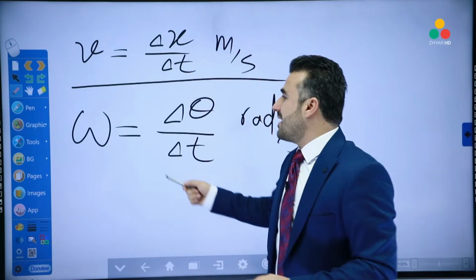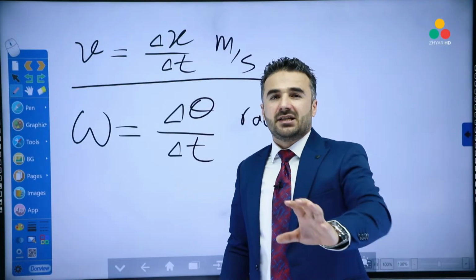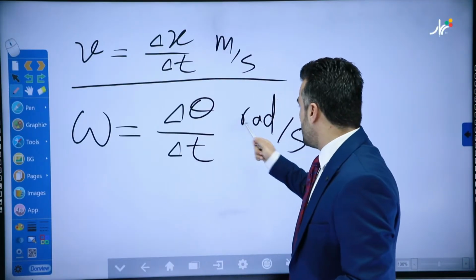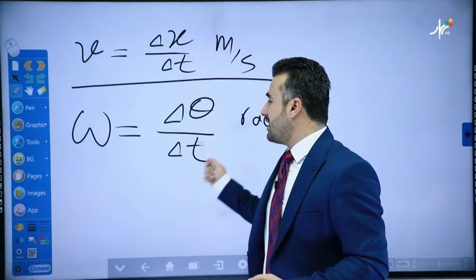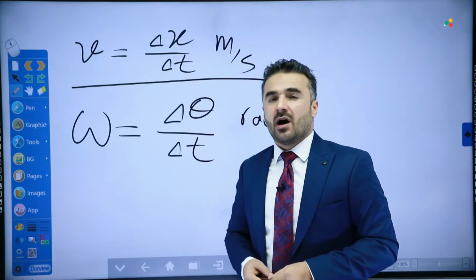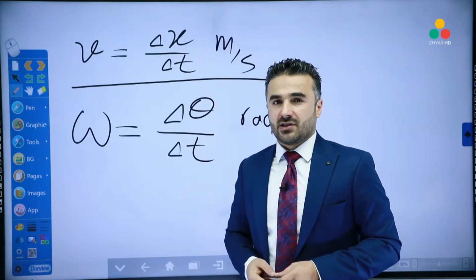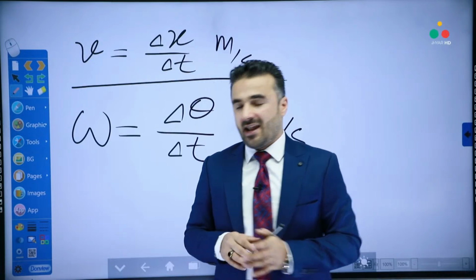So angular speed is the rate of change of angular displacement, measured in radian per second. Another definition is the rate at which a body rotates about an axis.